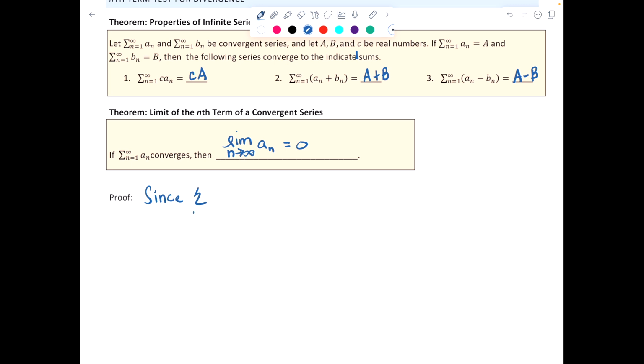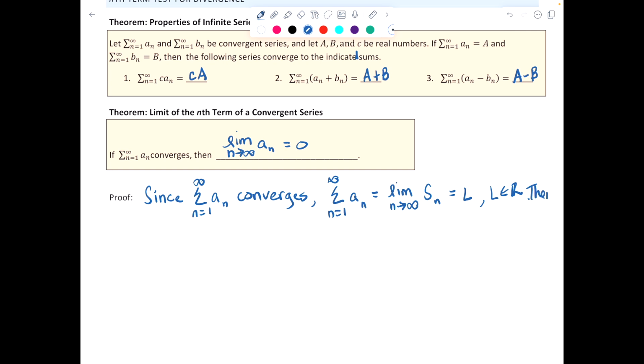So since the summation as n goes from 1 to infinity of a sub n converges, well, then the summation as n goes from 1 to infinity of a sub n will equal the limit as n approaches infinity of the nth partial sum, and that will just be some L, where L belongs to the real numbers, okay?